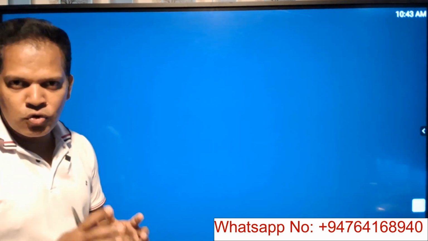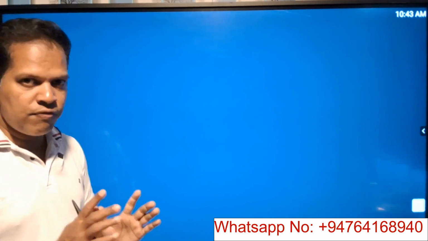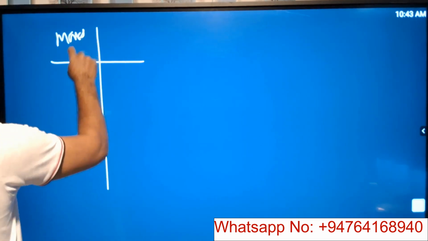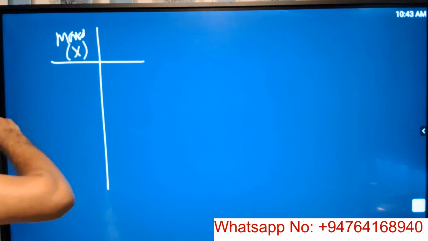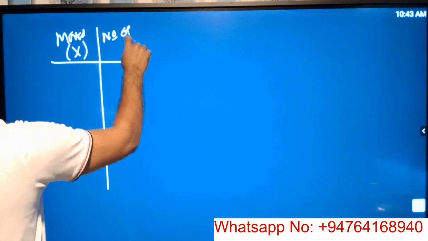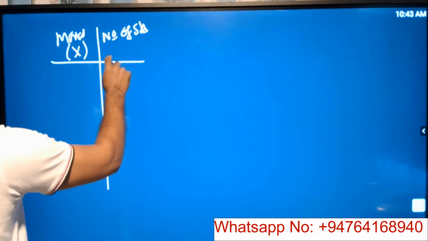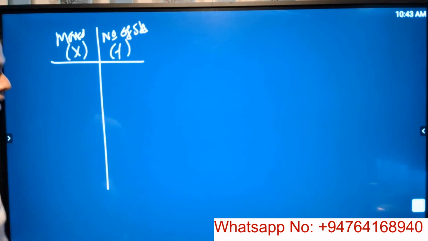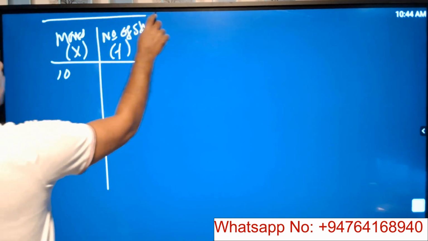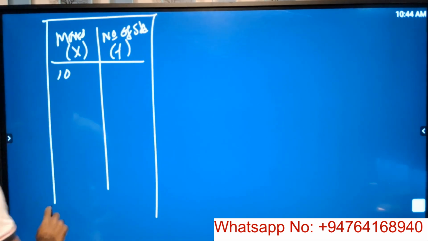Okay, right, let's move to find the median of a grouped frequency distribution. I'll give this simple example. The marks of students can be denoted by x because it is a variable. Again, the number of students is the frequency, denoted by f. This is a grouped frequency distribution.